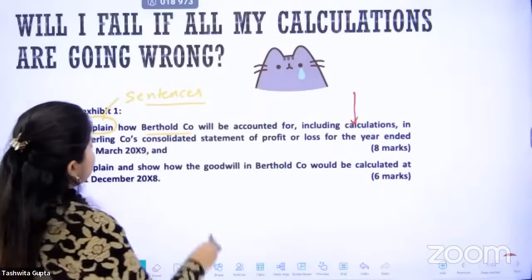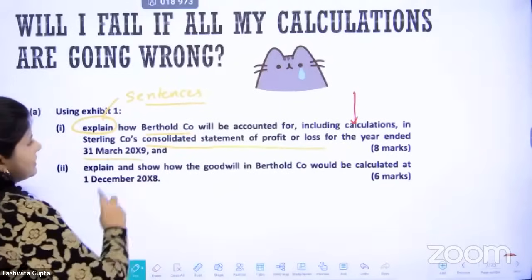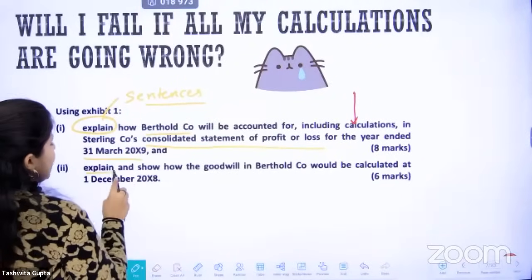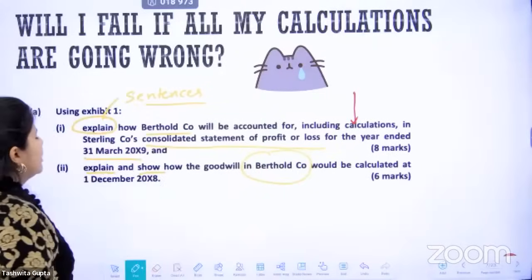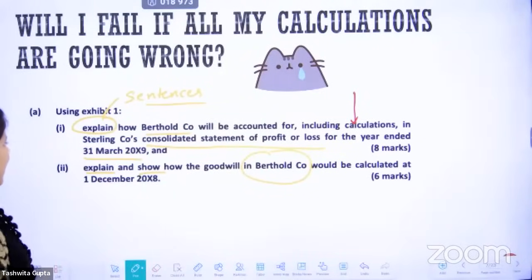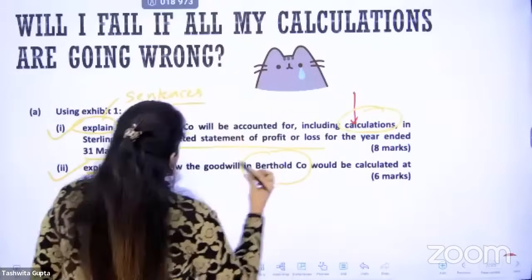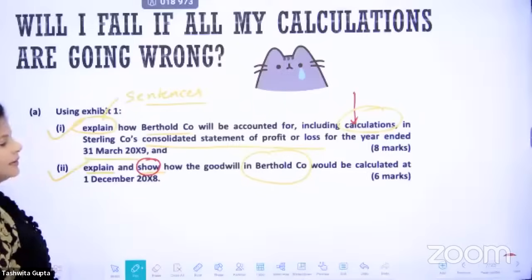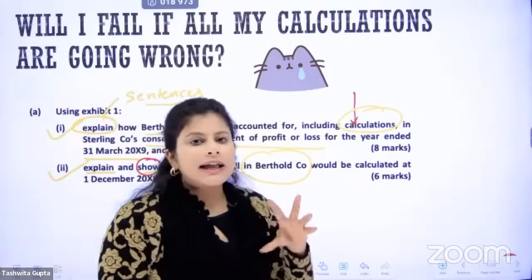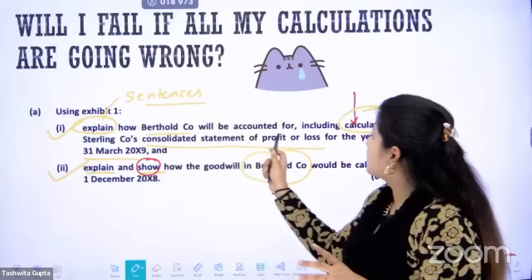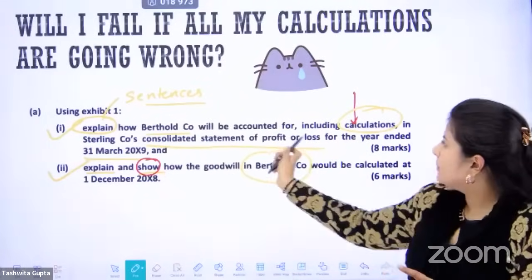In Sterling Company's consolidated statement of profit or loss for the year ended this, and explain and show how the goodwill in Berthold Company would be calculated at 1st December. Explain here, a little bit of calculations here. So if I was to bifurcate the mark allocation here, in the first part, they're asking me how to calculate Berthold in the P&L.